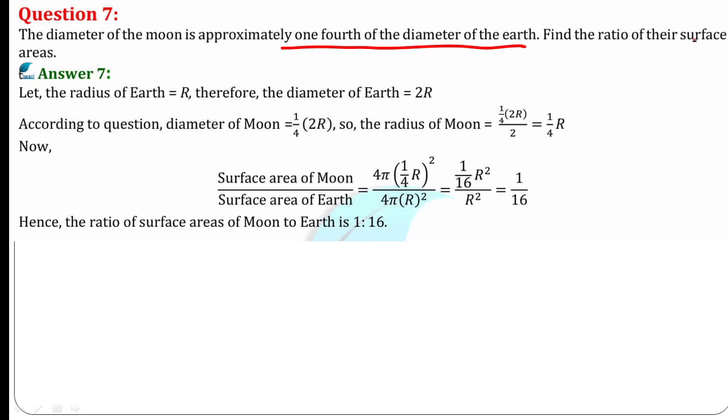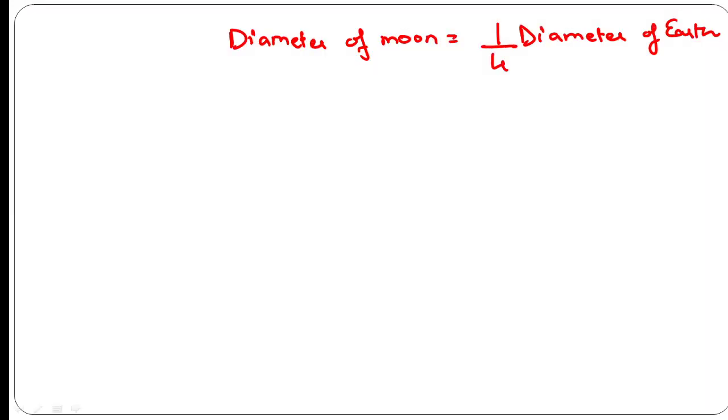So what will be their surface area? The diameter of the moon is twice its radius, so radius of moon into 2 is equal to 1 upon 4 of the diameter of earth. The diameter of earth can be written as 2 times the radius of earth, so radius is half of the diameter.